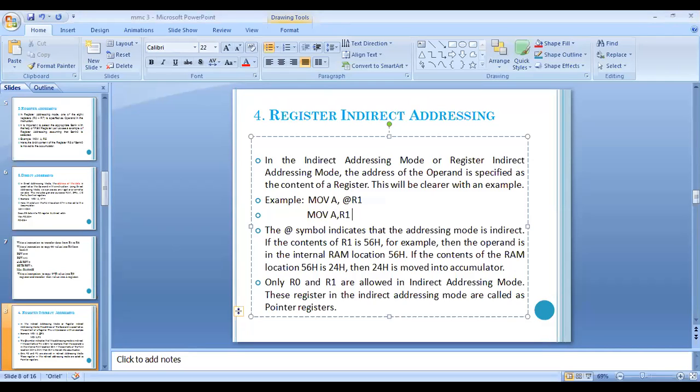Now if R1 is 05 and we have written MOV A, R1, that 05 value is copied into the A register. That is simply your register addressing mode.